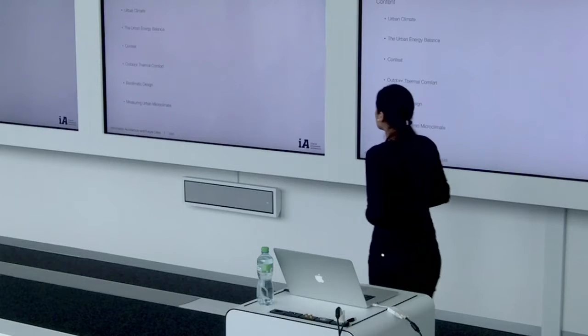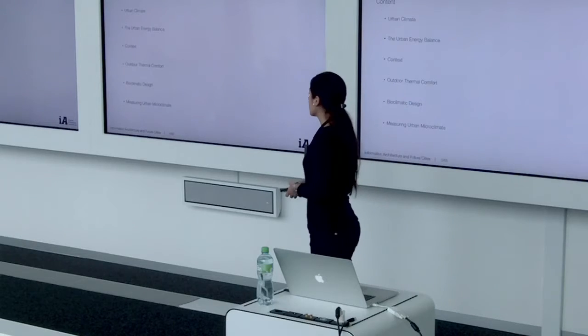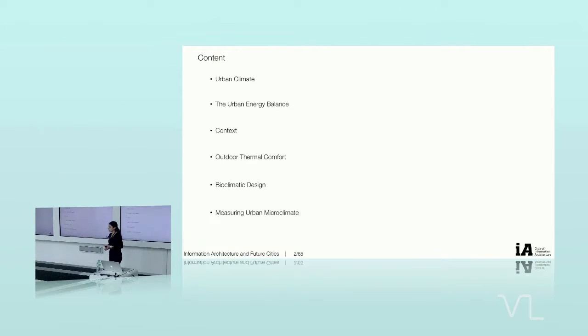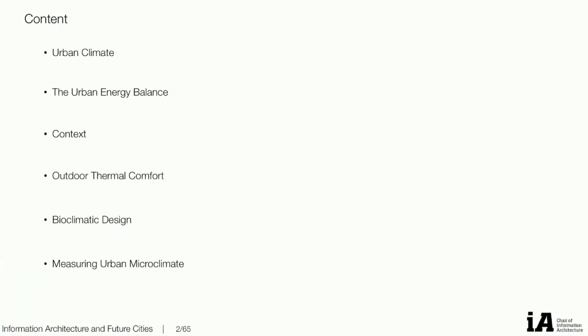Today's lecture is divided into 6 parts. At the beginning, I'm going to introduce you to the definition of urban climate. Also, I'm going to talk a little bit about urban energy exchange in order to understand more about the consequences of urban climate.